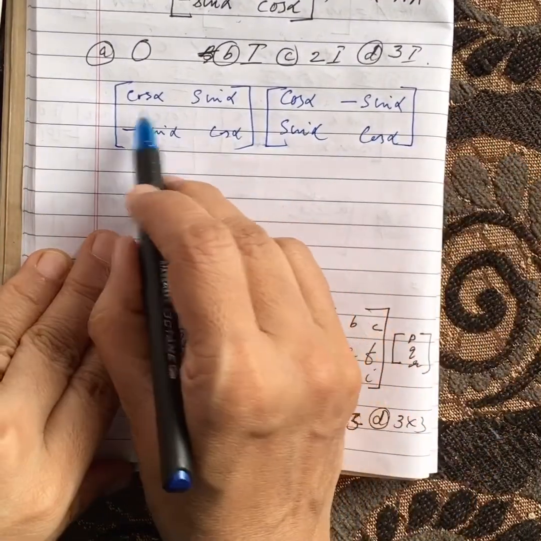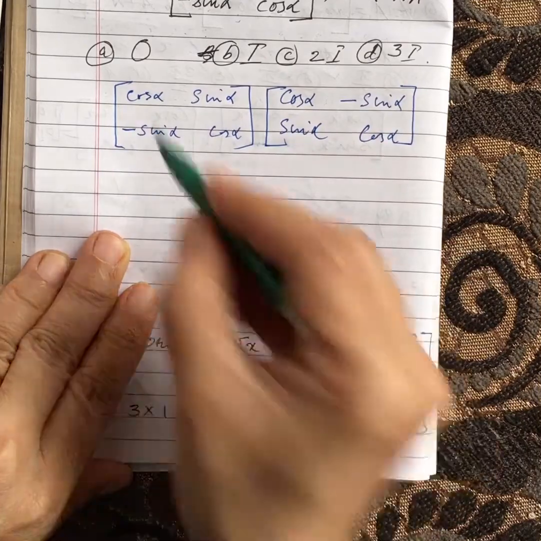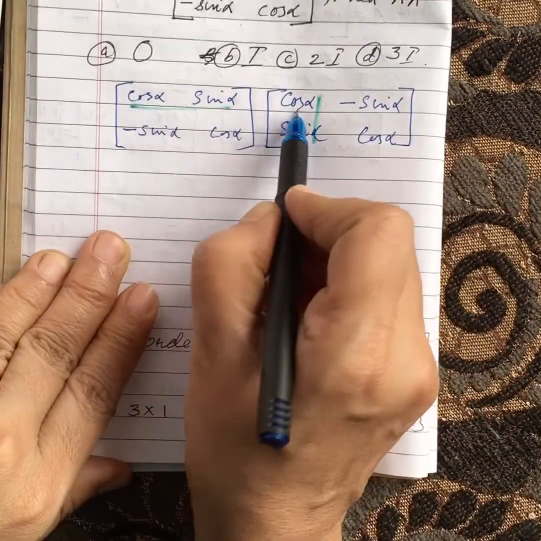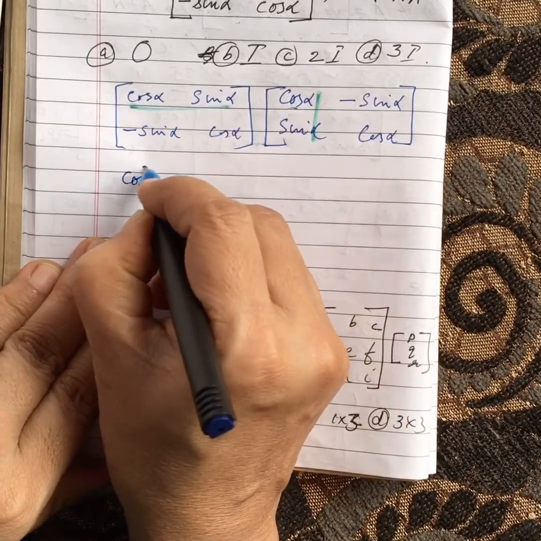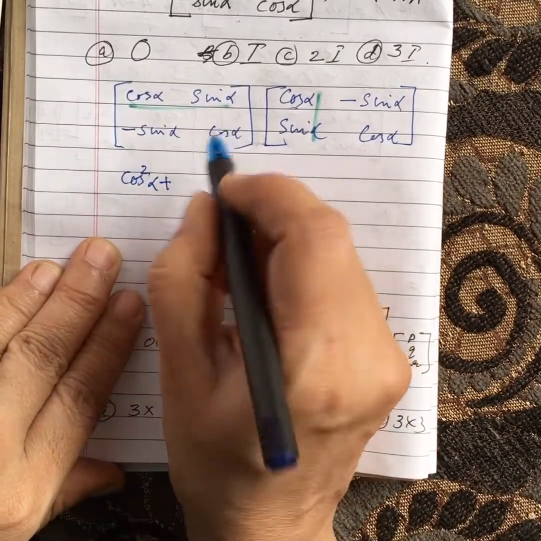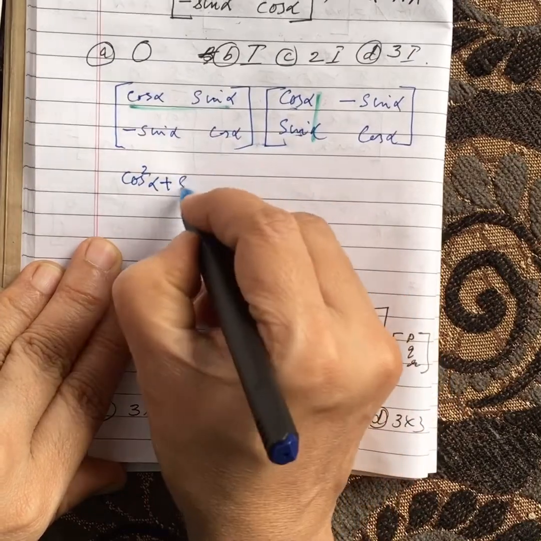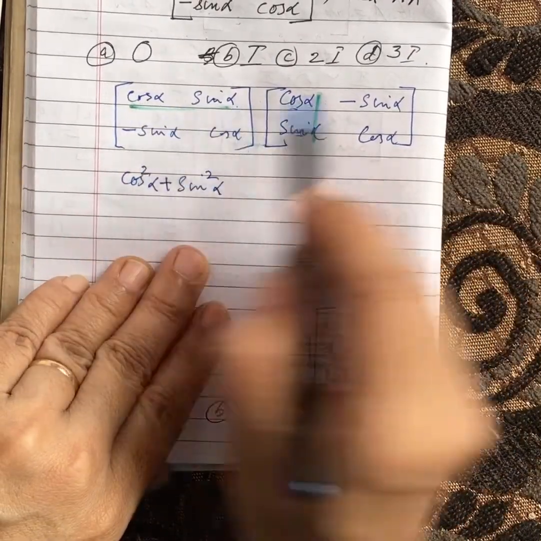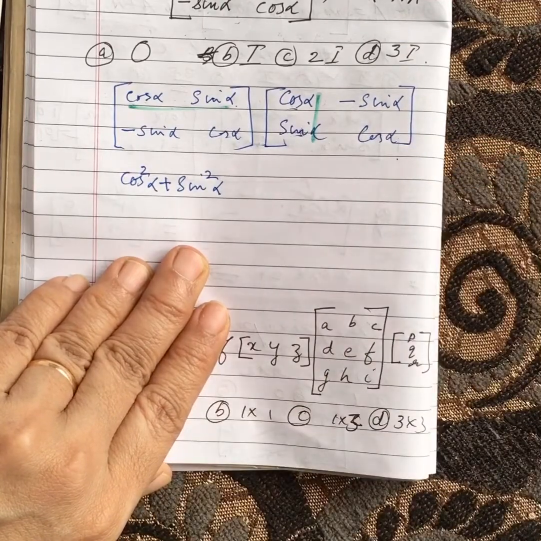Apply the matrix multiplication. The first row you will multiply with first column. So cos alpha into cos alpha, cos square alpha, plus sin alpha into sin alpha, that is sin square alpha. Then first row with the second column.